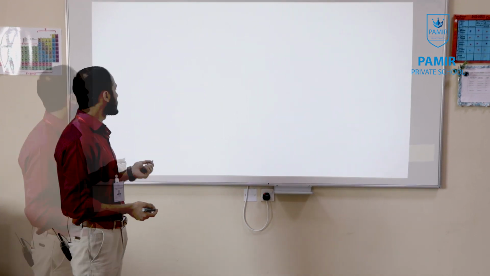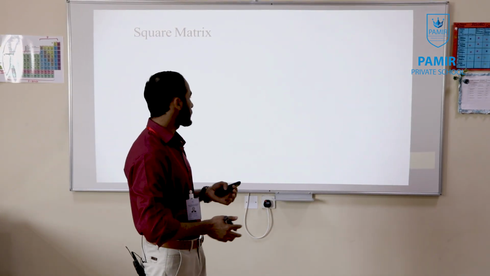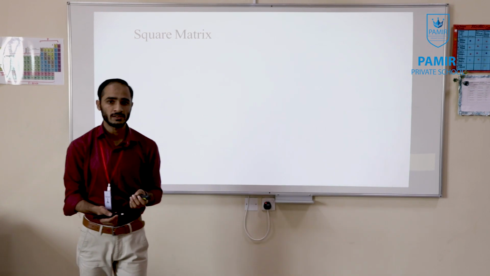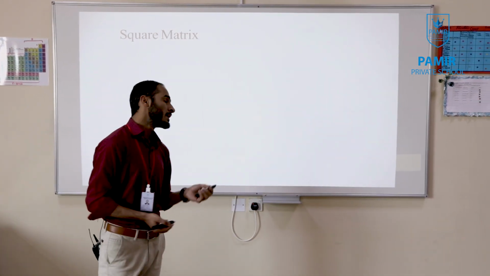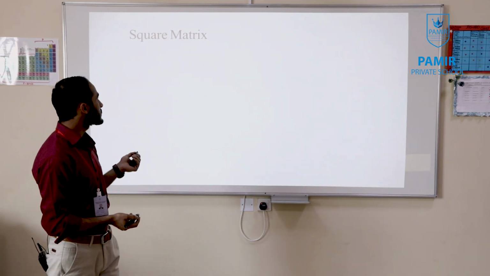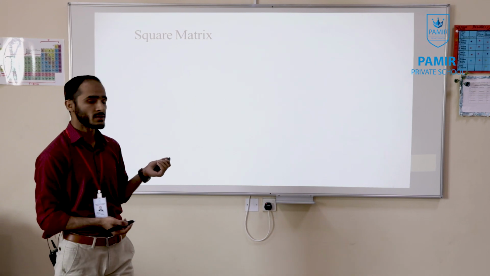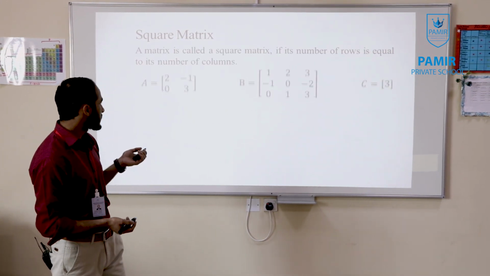Now moving forward, we have the square matrix, which is quite the opposite of the rectangular matrix. In the rectangular matrix we have different numbers of rows and columns, but in the square matrix the number of rows and columns is the same. Examples are given here.